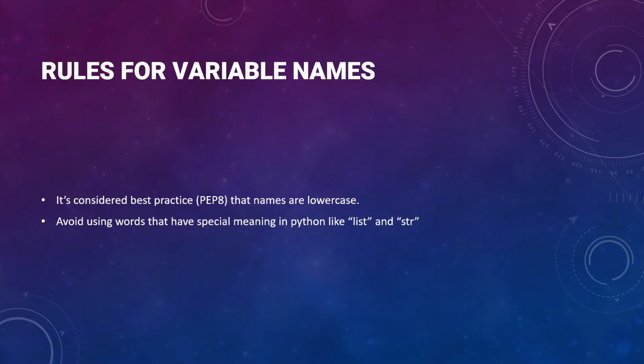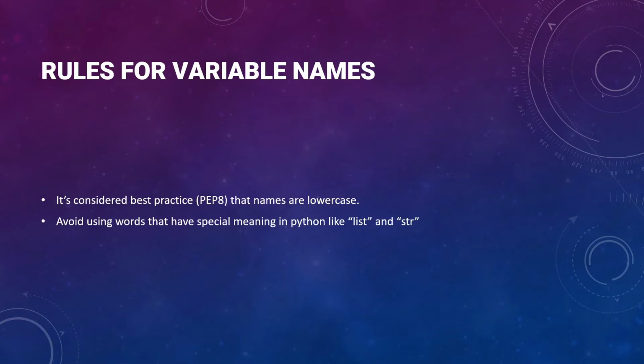You may be wondering, how the heck am I supposed to know what are the special built-in keywords? Luckily, any development environment that's designed to work with Python will have syntax highlighting that will alert you that you're using a built-in keyword by highlighting it a different color, and you will see an example of that in a little bit.